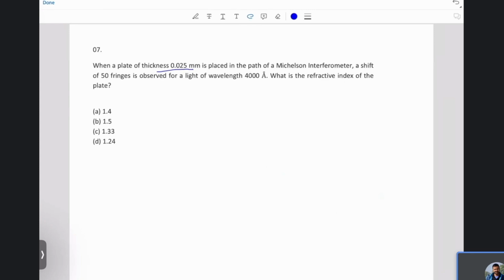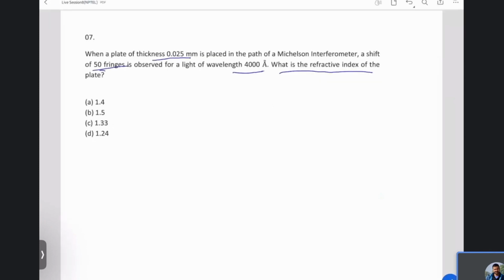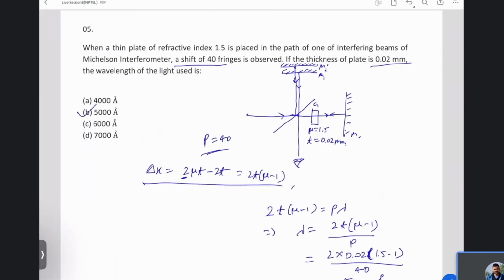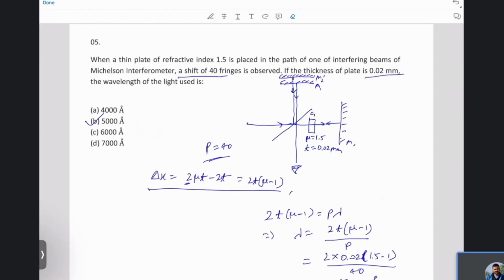A shift of 50 fringes is observed for a light of wavelength 4000 angstrom. Now here we are asked what is the refractive index of the plate. So we can use the same formula that we used here, but now instead of the wavelength, we are asked to calculate the refractive index.